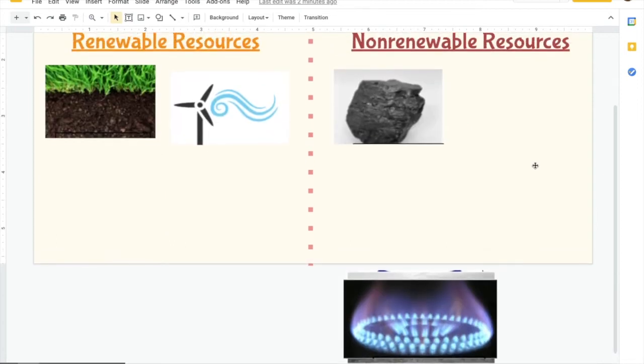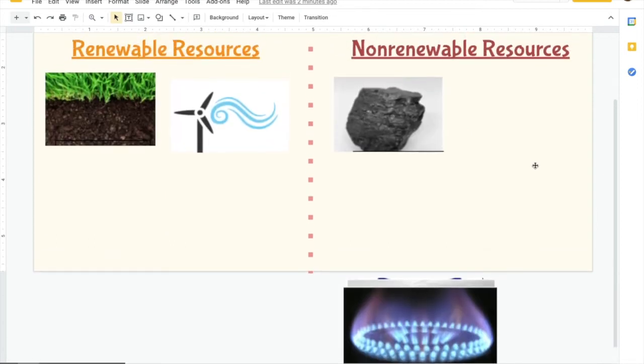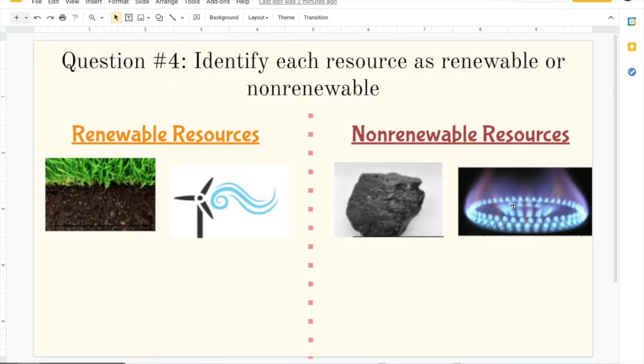Our next resource is natural gas. Is natural gas an example of a renewable resource or a non-renewable resource? If you said non-renewable resource, that is correct. Natural gas, like coal, is an example of a non-renewable resource.